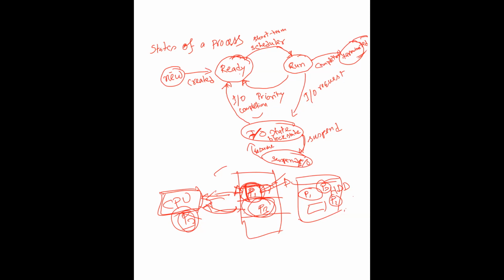Suspend IO happens when a higher priority process comes into the RAM. Then what will it do? Let's say process P1 is currently in the IO state, and some other process is trying to come into the RAM.